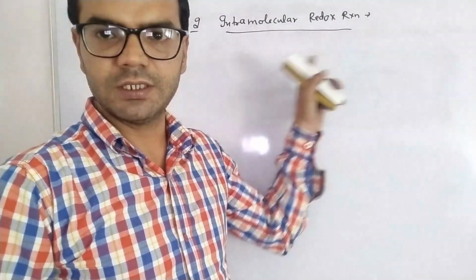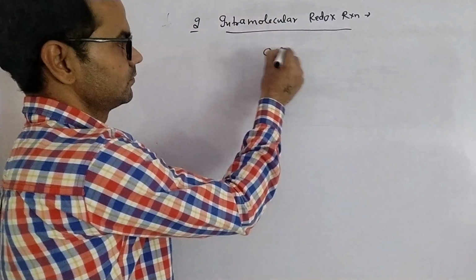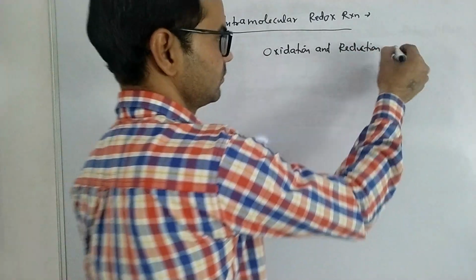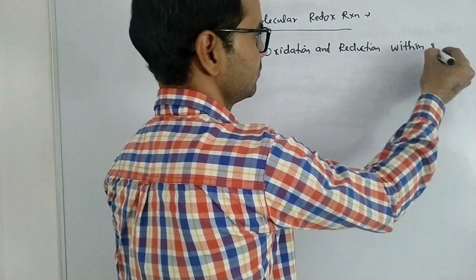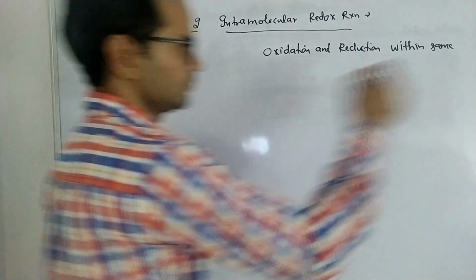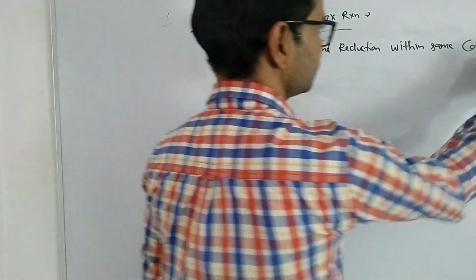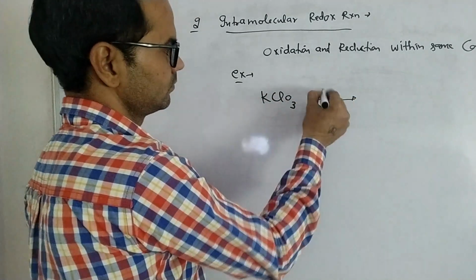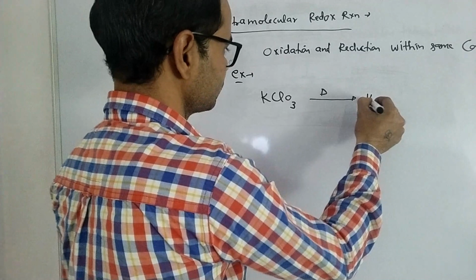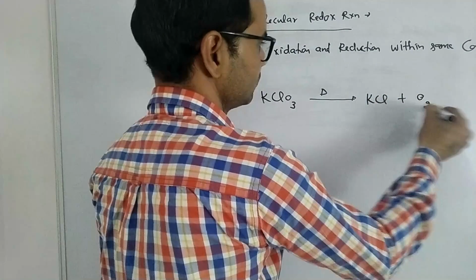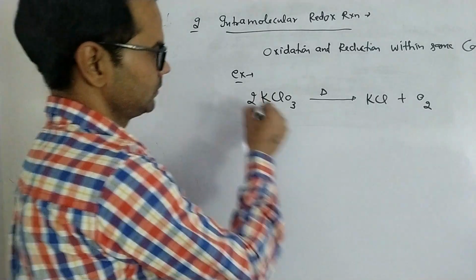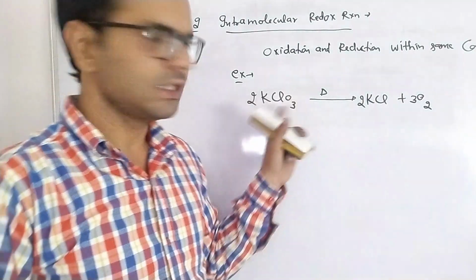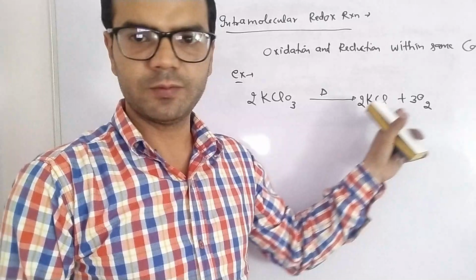There is oxidation and reduction within the same compound. For example, if we dissociate KClO3, we obtain potassium chloride plus oxygen.